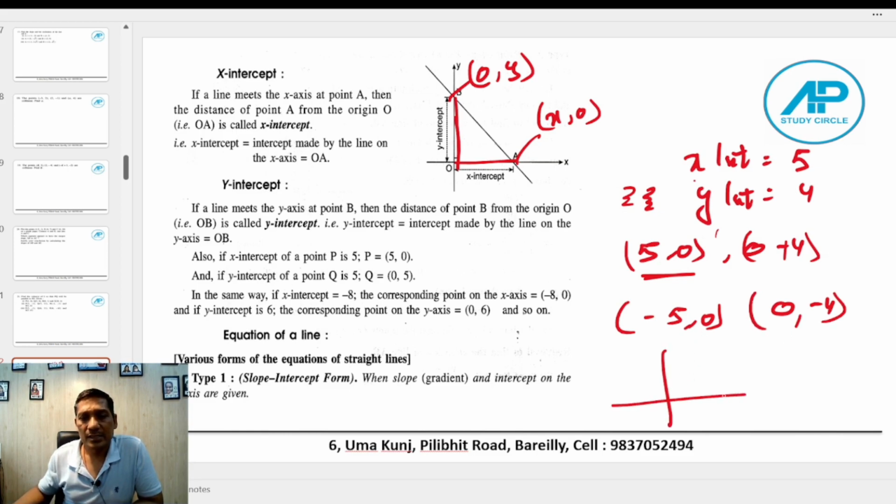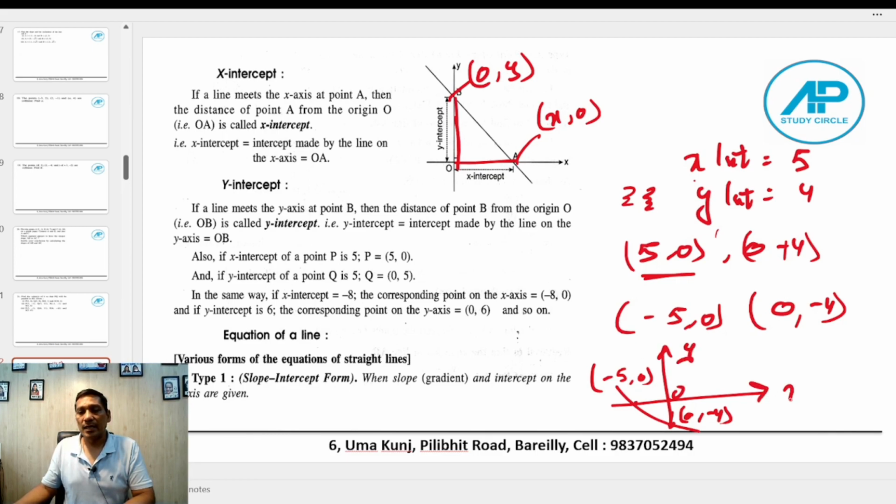In that case, the line would be passing through -5,0 and 0,-4, with the origin, y-axis and x-axis as shown. We have got intercept -5 for x-axis and -4 on y-axis.